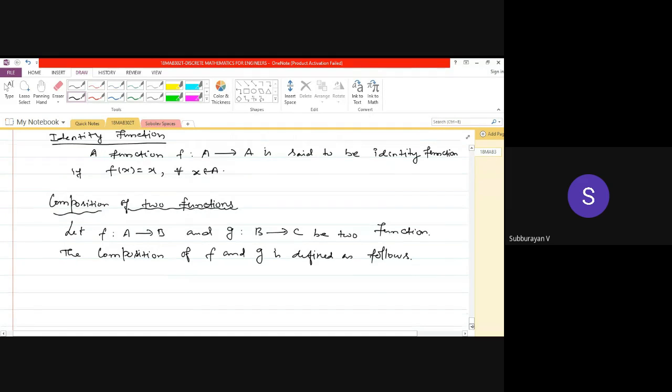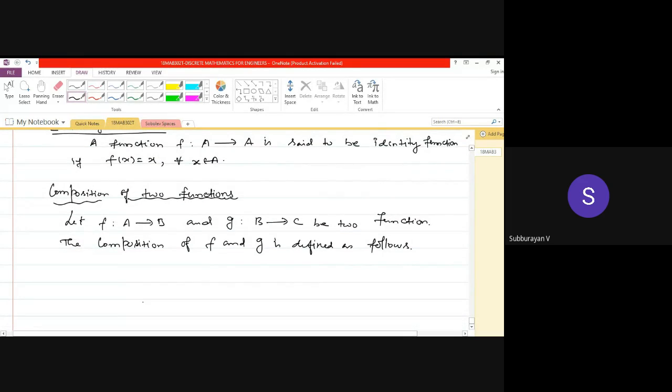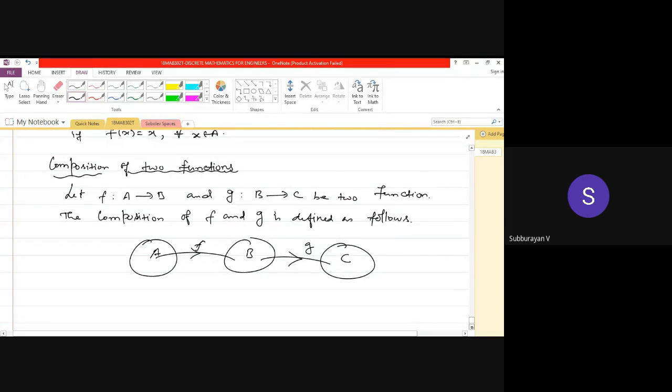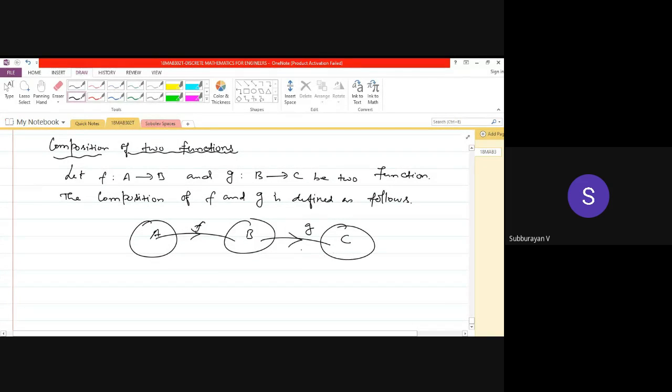Look at this. F is a function from A to B, and g is a function from B to C. Therefore the composition is a function from A to C. But in the composition, which function should be written last and which function should be written first?